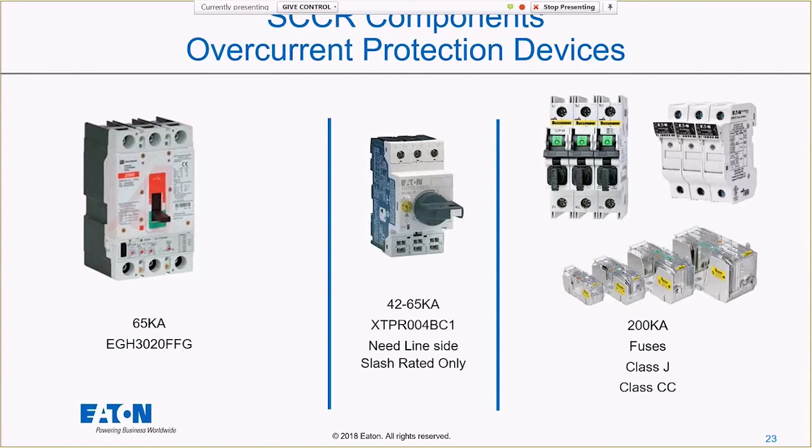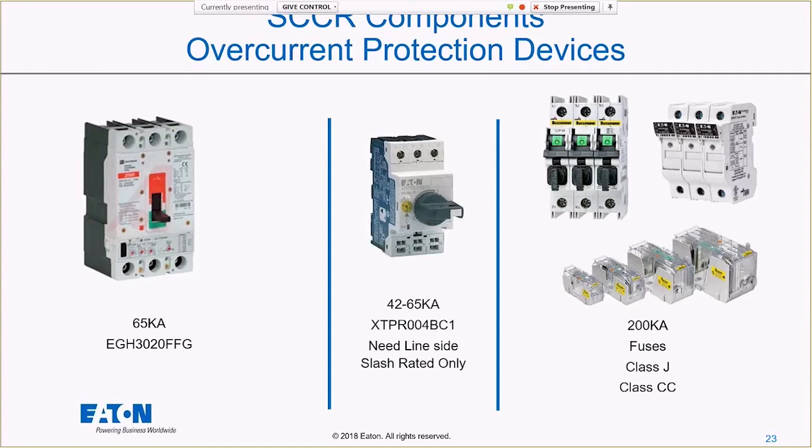Just a couple quick notes about this. We talked about this in the last one, but you want to make sure you're using that line side adapter anytime you're using one of these. Without that line side adapter, you technically don't have short circuit protection. So make sure you use that line side adapter. And if you use one like this, you get a slash rating. So slash rated components make you have a slash rated panel, right?